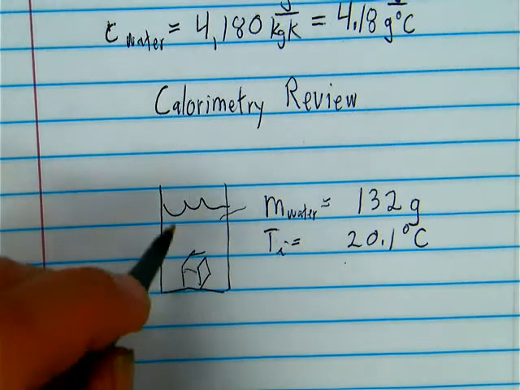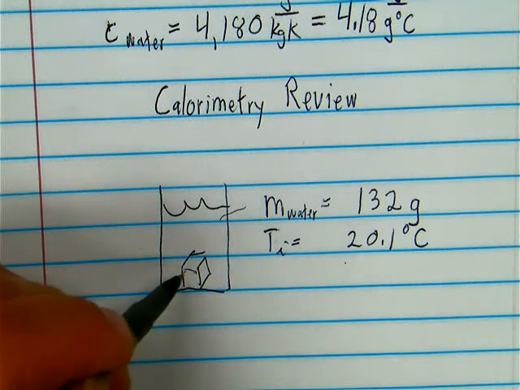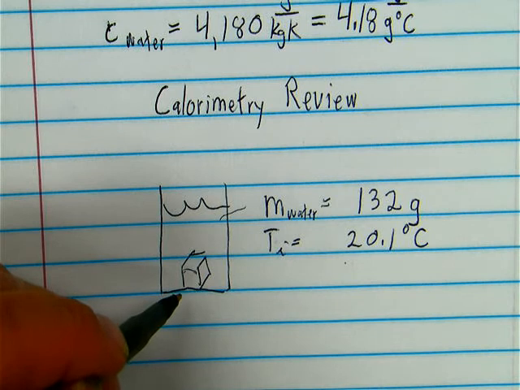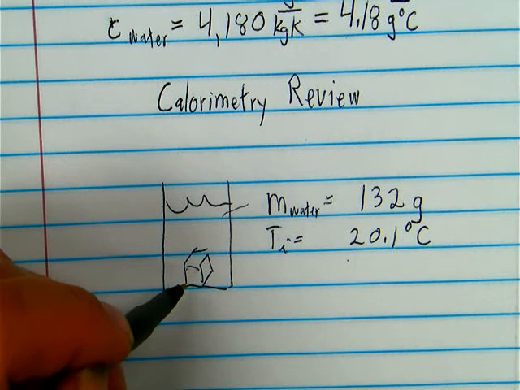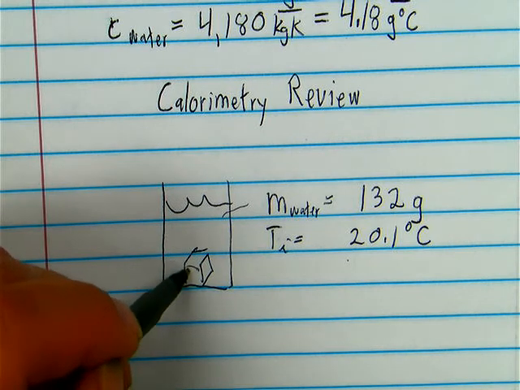that I add a hot substance to this water. Oh man, I could add a cold substance. That'll throw you guys off. Oh, we'll make it a hot substance that I'm adding to this water.